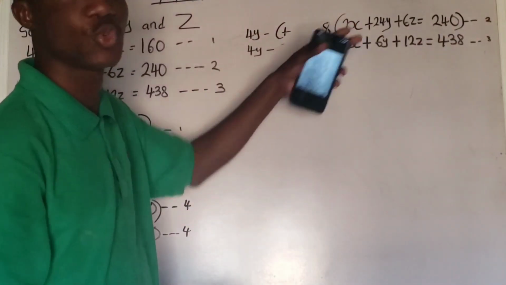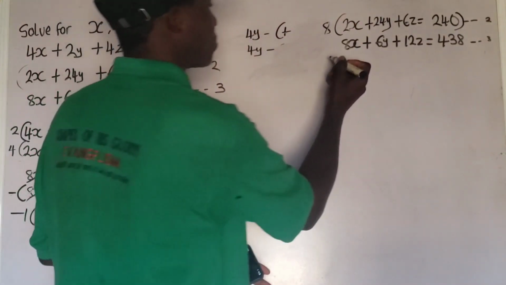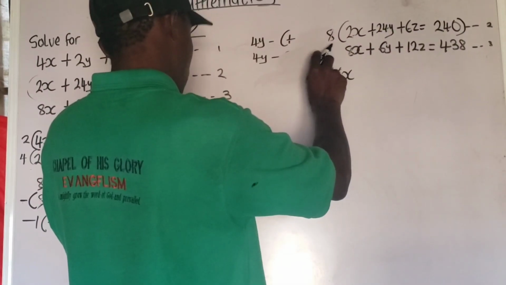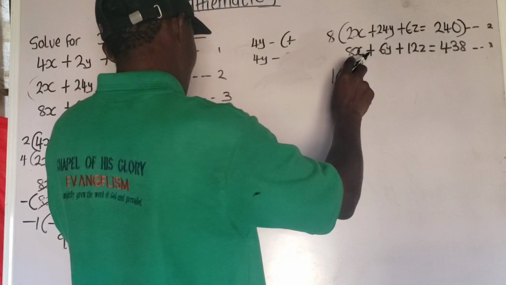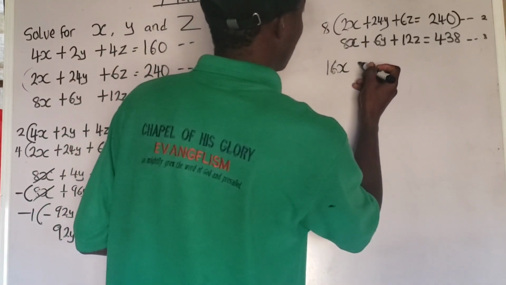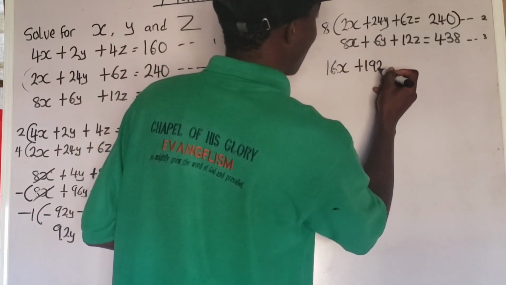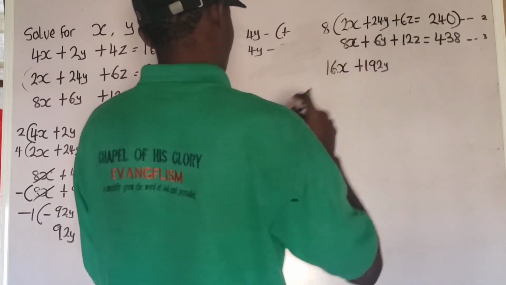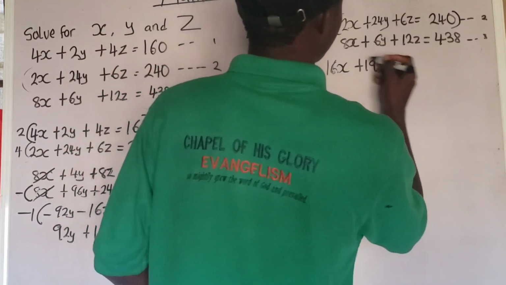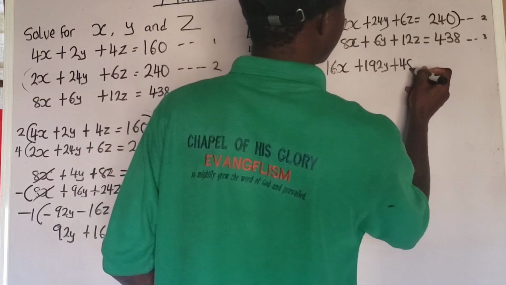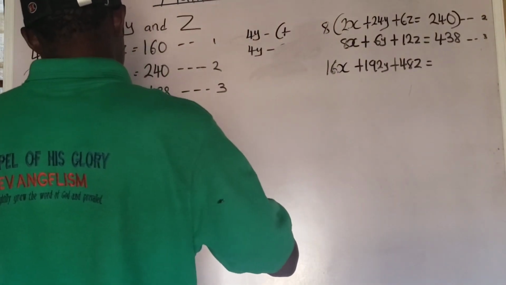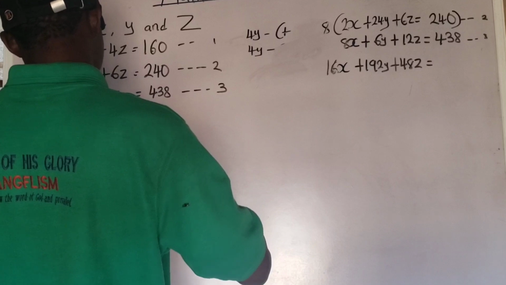Now 8 multiplied by 2x gives me 16x. 8 multiplied by 24y is 192y. 8 multiplied by 6z is 48z, equal to 8 multiplied by 240, that is 1920.